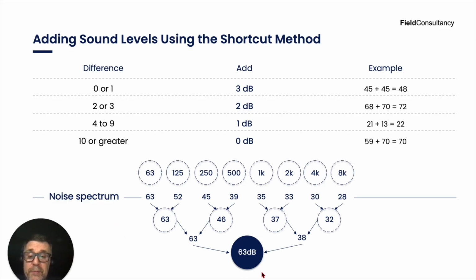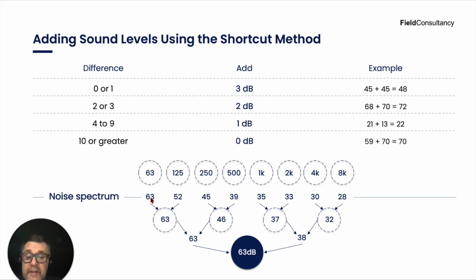Now, the same principle applies when you have octave band sound pressure levels. A noise spectrum is what we call a series of sound pressure levels in different octave bands or third octave bands. It's a spectrum of sound. So theoretically, you have these octave band sound pressure levels, and all you do is the logarithmic addition in the neighboring octave bands to get the overall level.